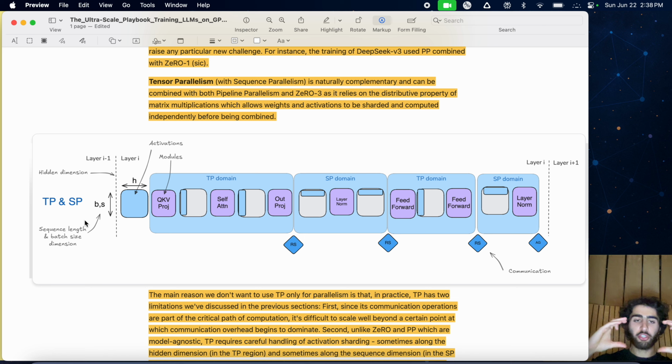So think of a cube that's b by s by h. This is the standard three-dimensional interpretation of a batch size b, which has a sequence length s and a hidden dimension h. Well, because it better facilitates our tensor parallelism, since it's only along the head dimension, we'll just flatten the batch and sequence length into one dimension such that we have b squares of dimension s by h.